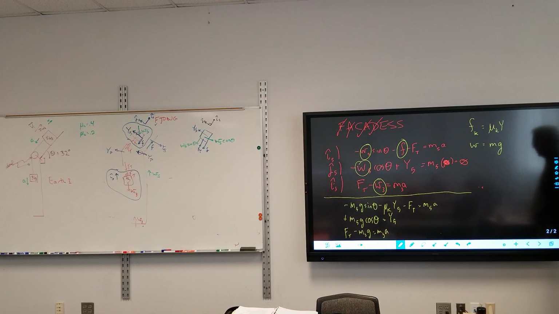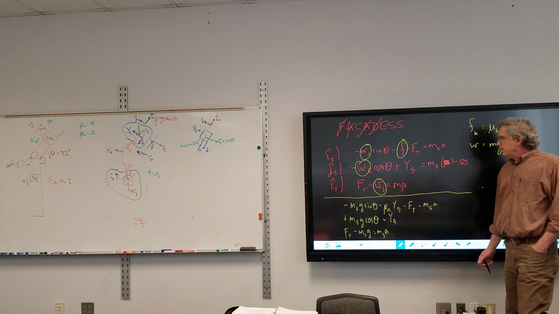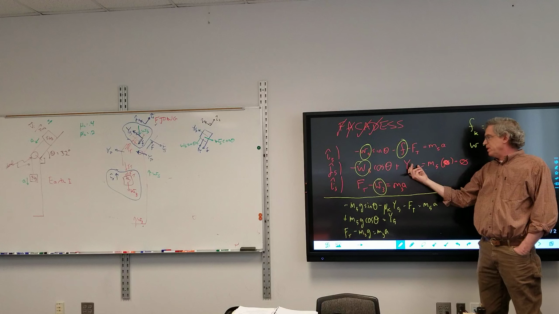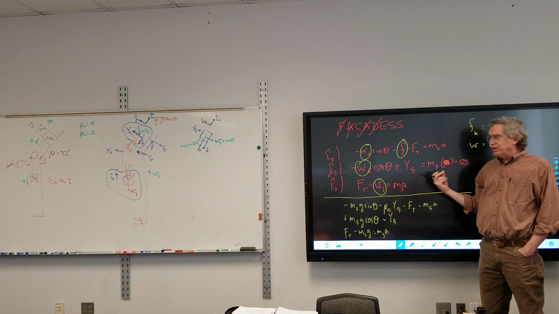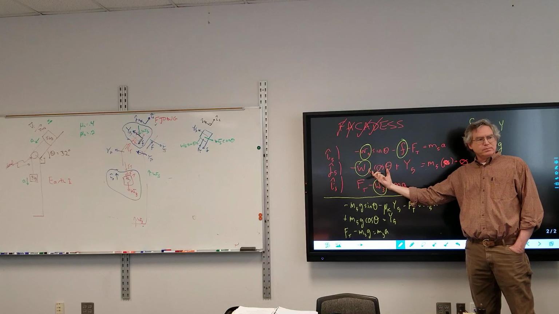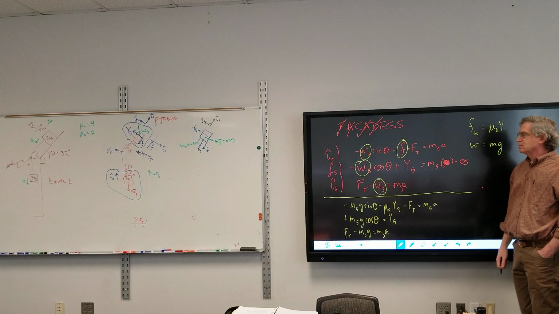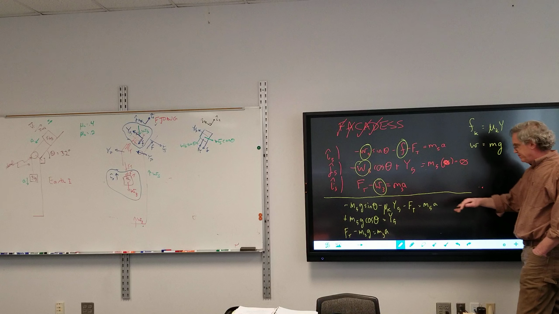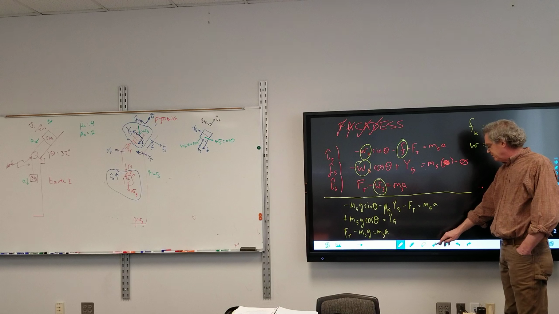What's the reason for the second equation being positive at the start? Well, I have this negative number plus this positive number is equal to 0. And so therefore, Y5 has to be equal to W5 cosine theta. Okay, yeah. I'm going to rewrite that equation.